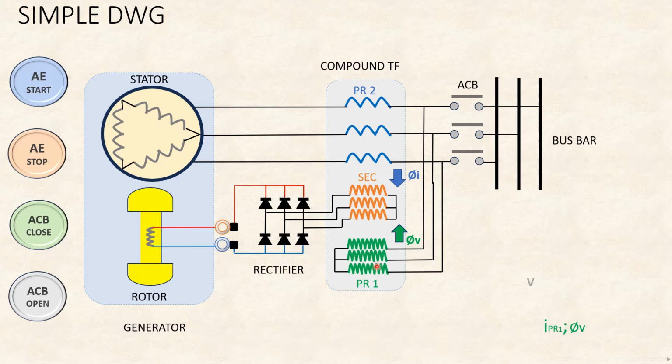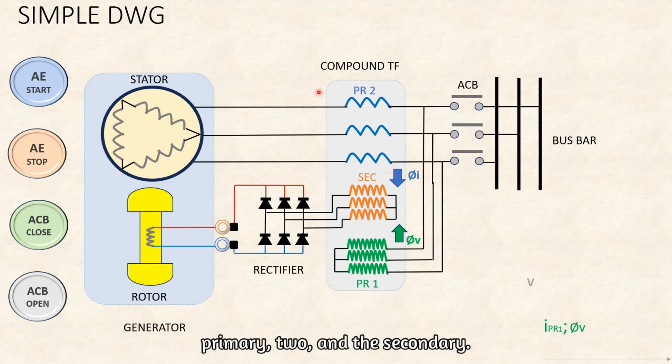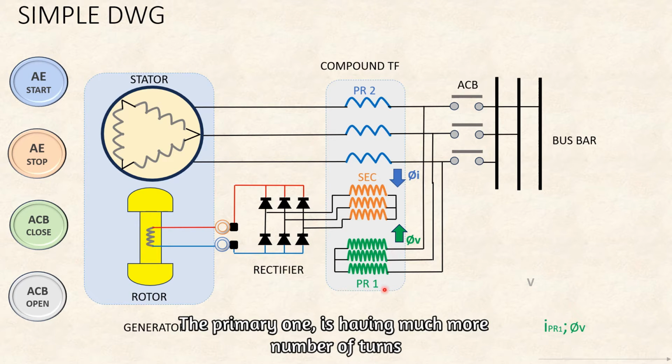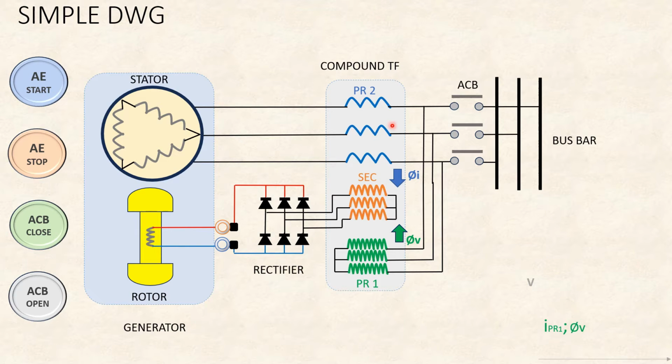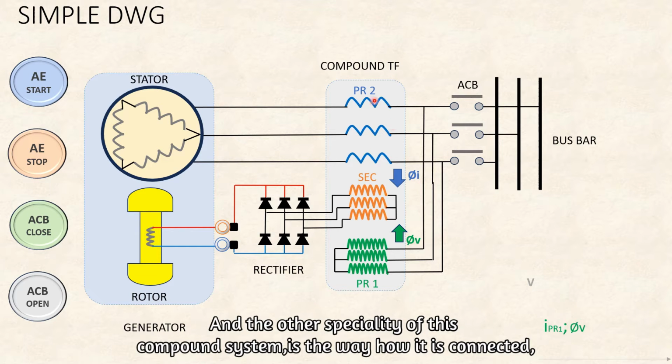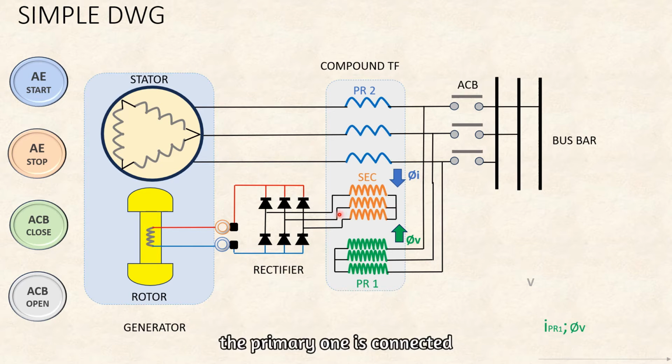The compound transformer has three sets of winding: primary 1, primary 2, and the secondary. Primary 1 has many more turns than the secondary, and primary 2 has the least number of turns. The other specialty of this compound transformer is the way it is connected. Primary 1 is connected in parallel to the stator output, or we can say it is used in a shunt configuration.